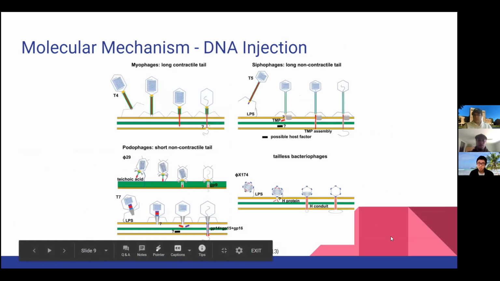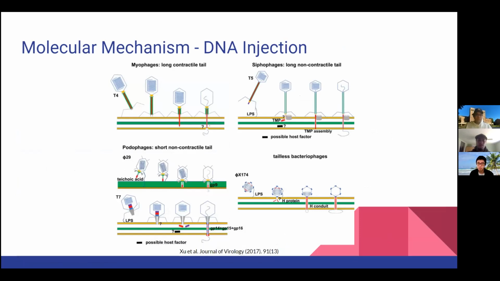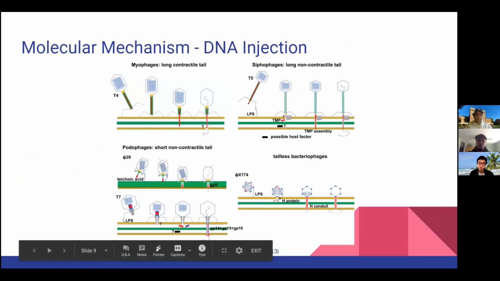And the molecular mechanism for DNA injection depends on the type of bacteriophage. Shown here are the mechanisms for virtually all of the types of bacteriophage, and you can see that it's a little more complicated, and a lot of it is unknown, as seen in the question marks right here.